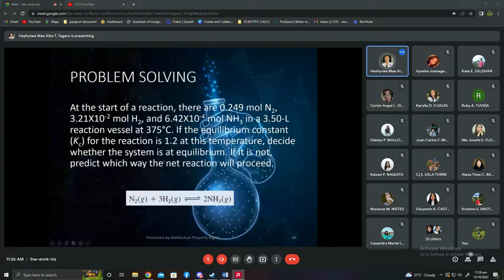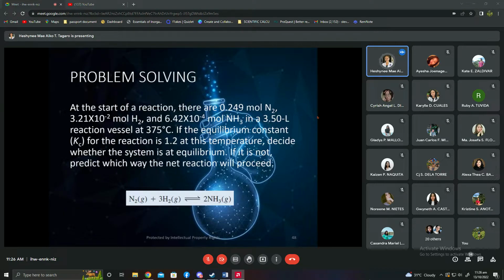So given, of course, the chemical equation here, and given the number of moles and the volume, which tells us that we need to solve for molarity.